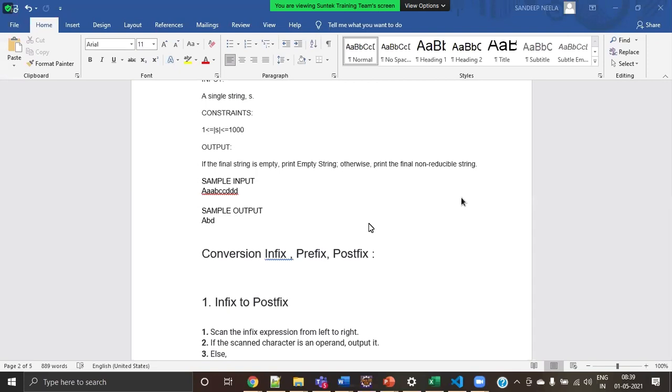After storing this in the map, we will check if any key value, I mean for A it is 3, is it divisible by 2? No. That means we will take the one A. For B it is 1 only, is it divisible by 2? No, we will take B. If we take C, it is 2, it is divisible by 2, so we will not take this one. And for D it is 3, again not divisible by 2, so we will take one value.